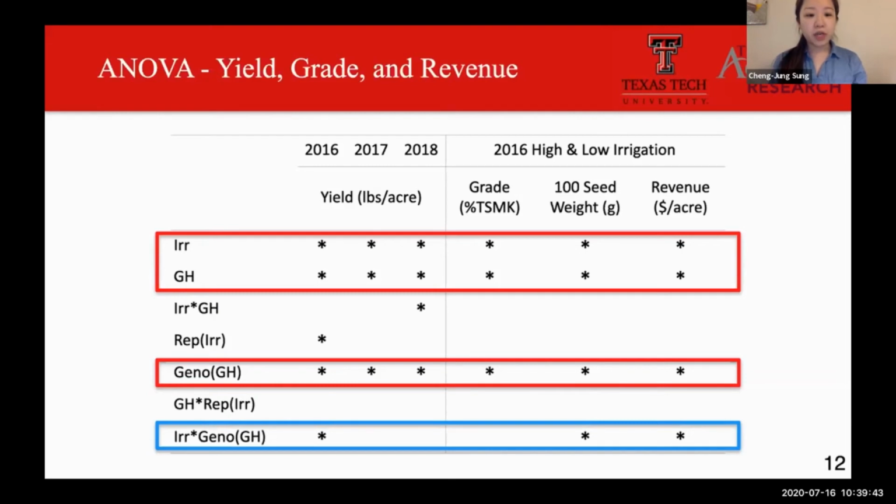The irrigation by genotype interaction is significant in 2016 for yield. Also, if you look at the right side, because I used the 2016 high and low irrigation samples for the grades, we noticed that the 100 seed weight and revenue are also significant in the irrigation by genotype interaction. So I'll be talking about the ones circled in red, the revenue of the irrigation by genotype.